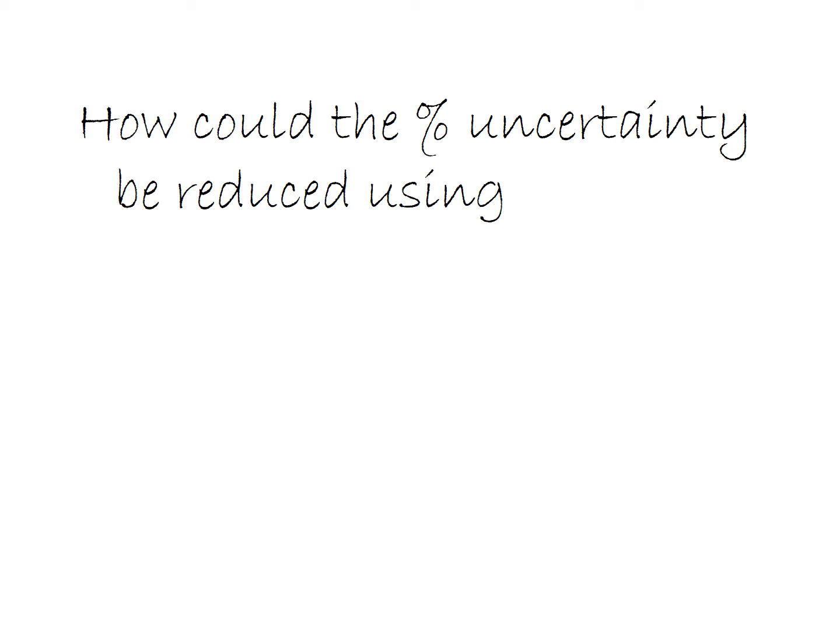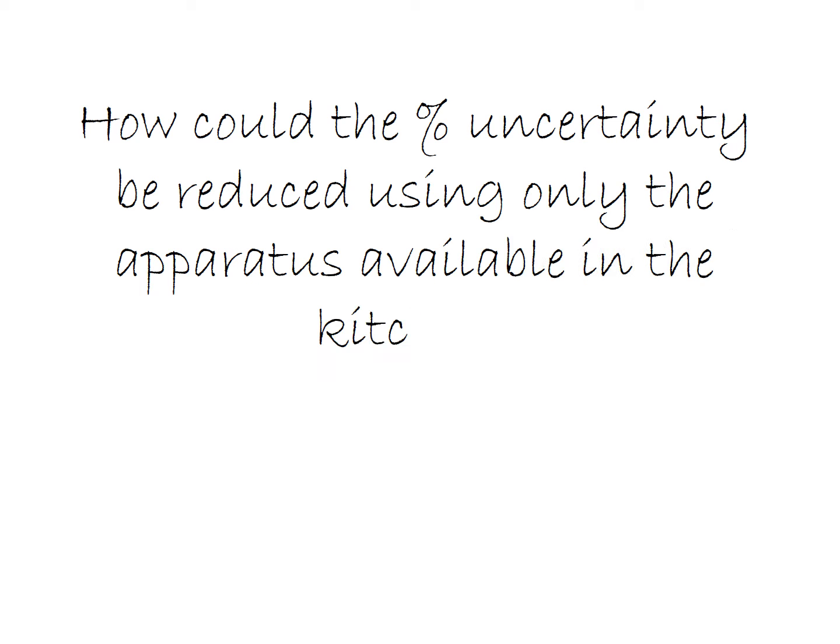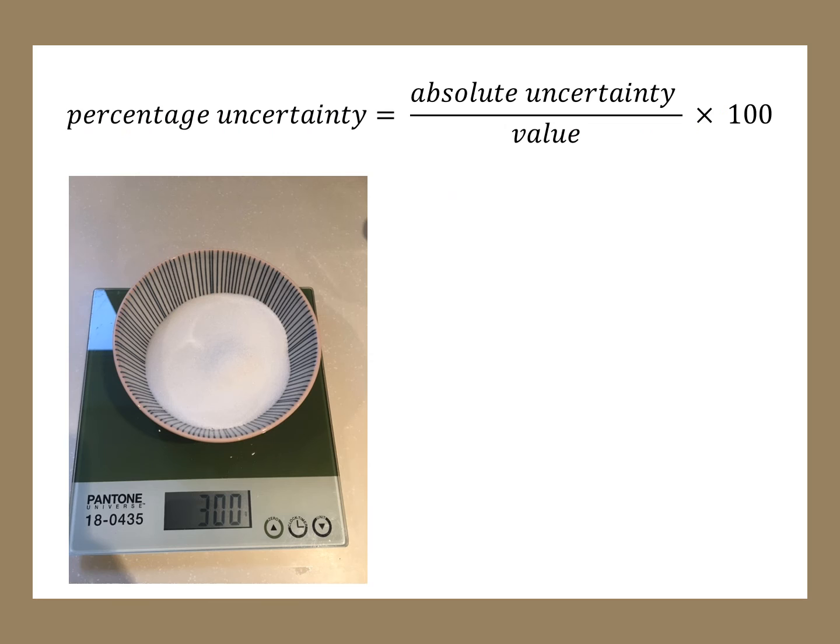So how could this percentage uncertainty be reduced? First of all, let's do it using only the apparatus available in the kitchen. Well, if we imagine this balance, the percentage uncertainty, remember, is the absolute uncertainty divided by whichever value we've chosen to use.